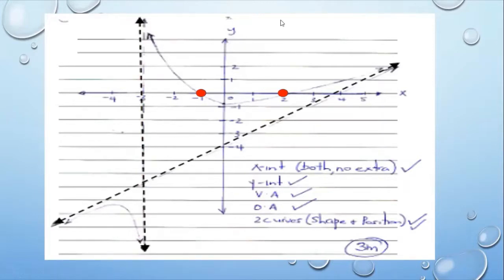And then we have to go to the asymptotes. The vertical asymptote was x equals negative 3. And the oblique asymptote has two coordinates, x and y intercept.